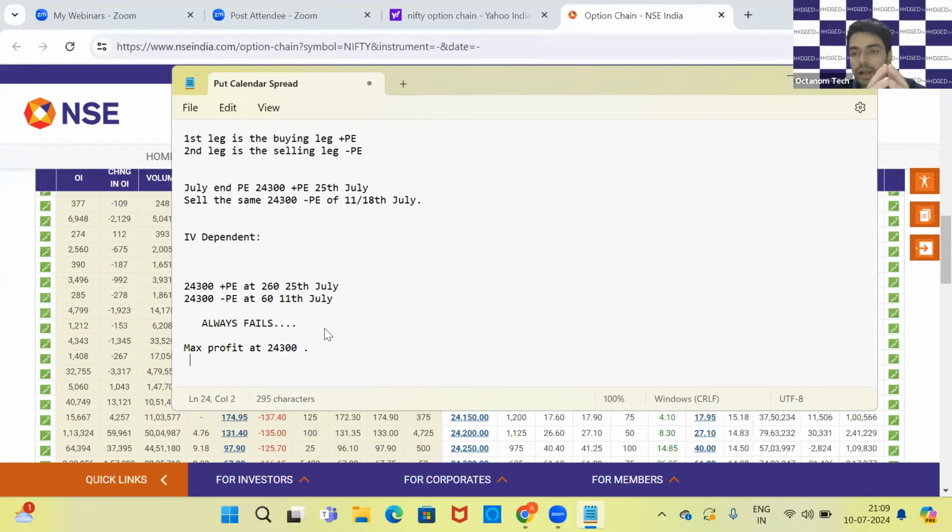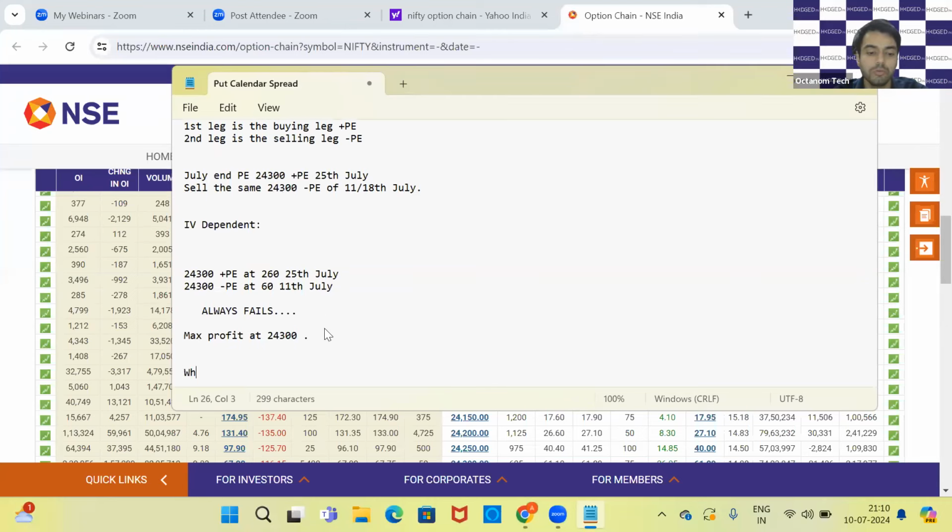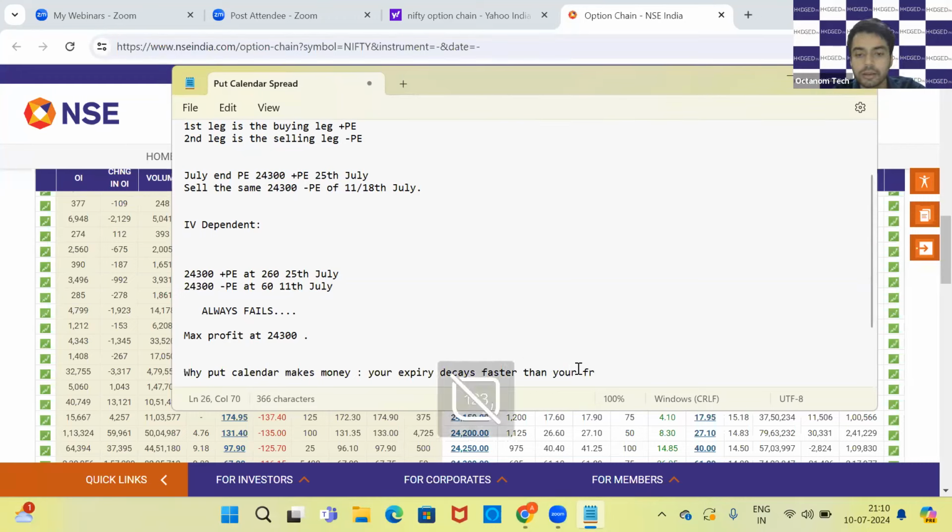Just to understand, just remember this. Why does a put calendar spread make money? Because your near expiry decays faster than your far expiry.